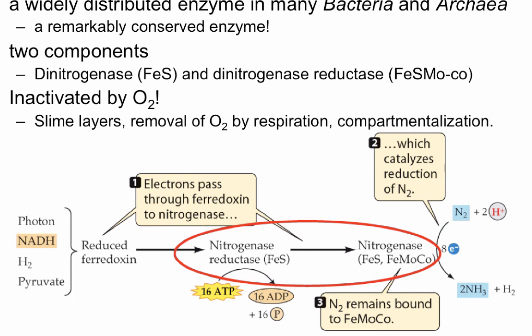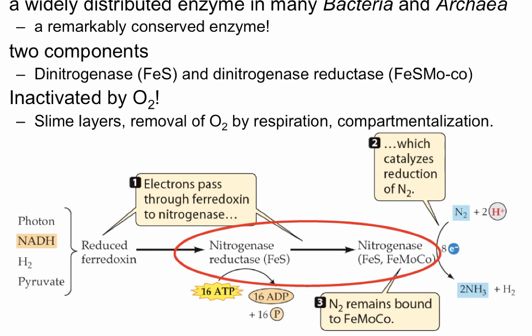So in this case, let's take a look at the reaction that is going to happen and some of the energetic requirements that this reaction is going to have. What we're going to look at here is that by whatever means, either photons, NADH, hydrogen, or pyruvate, those molecules are going to pass their electrons to a reduced ferredoxin. And the reduced ferredoxin eventually is going to pass the electrons to the nitrogenase reductase. That's the one containing the iron-sulfur system. Notice here the large amount of ATP that it requires.